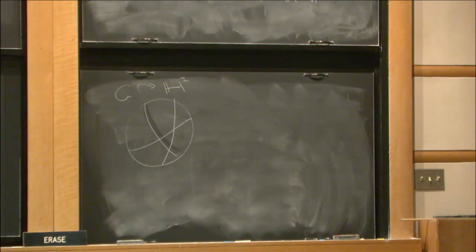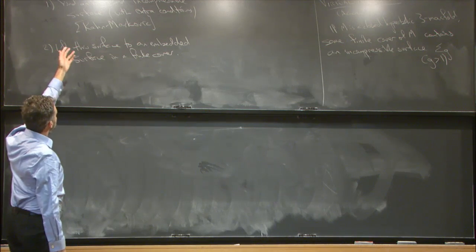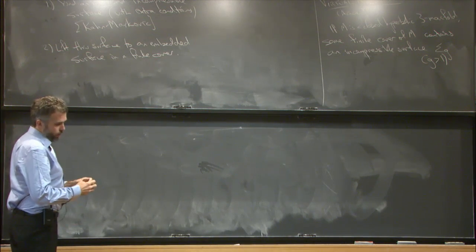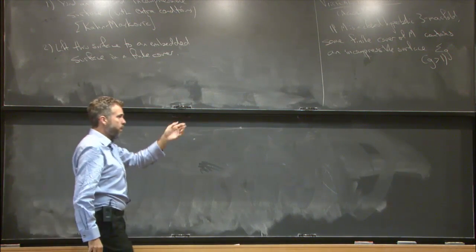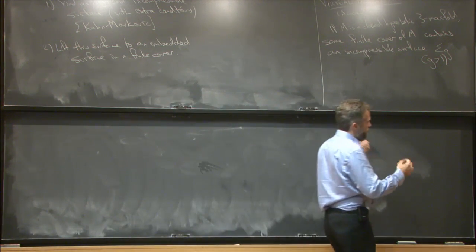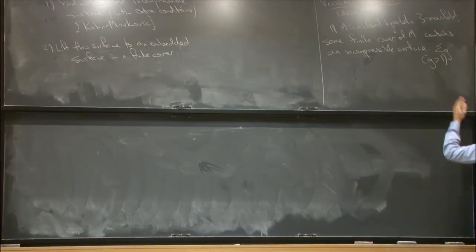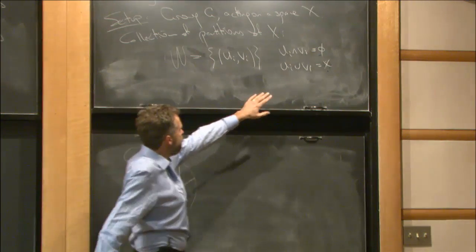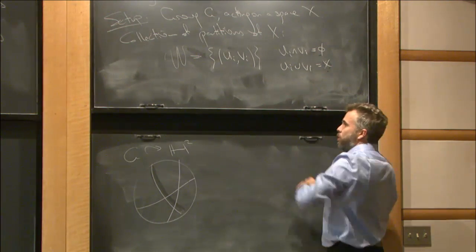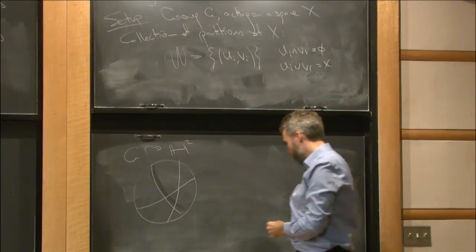And where would you get this from? Well, if you have an immersed codimension 1 subspace, then you just look at the preimage of that in the universal cover and do exactly what I just said. Take the 2 sides, and include the actual surface in one side or the other.